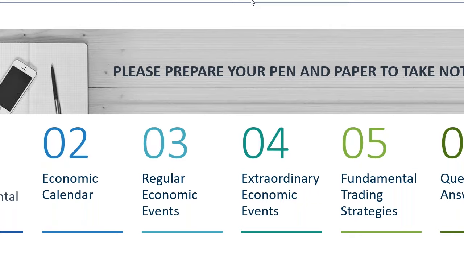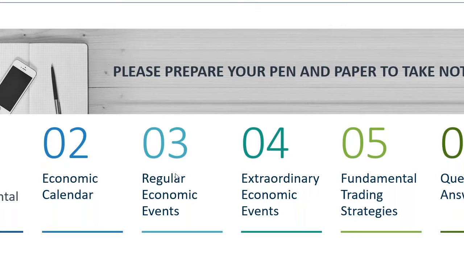What's the sentiment? Is it positive? Is it negative? And once you get a good feel for the sentiment with regards to different instruments, then you get on the chart, look for your entry points, your exit points, try and find the opportunistic entry and exit points based on your understanding of the fundamental news first. And so we'll go through those steps today.